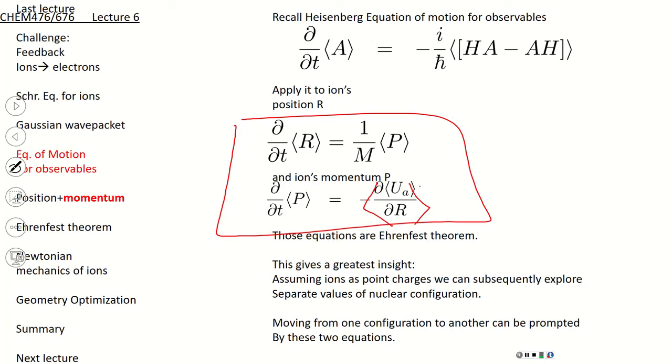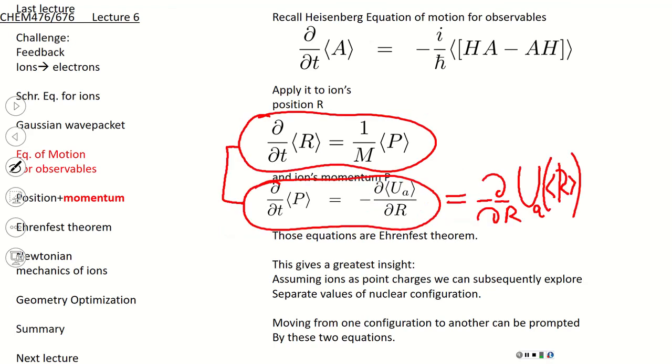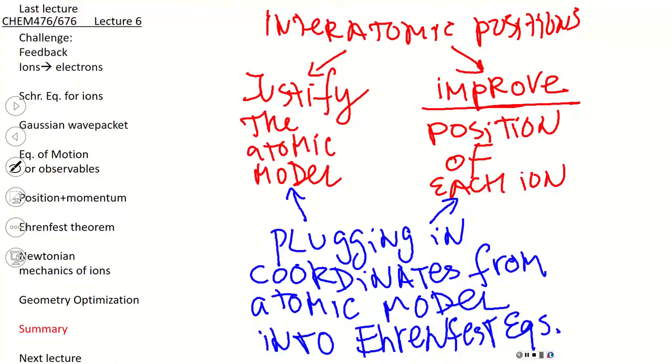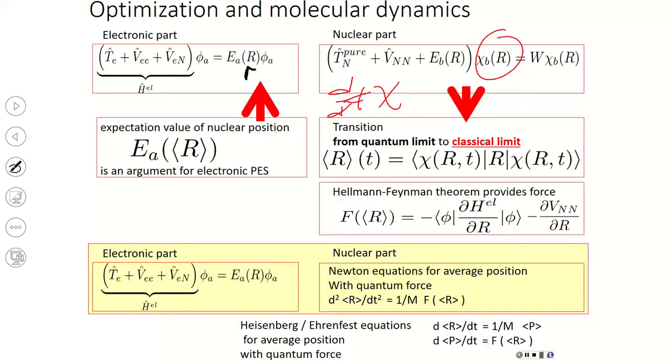But the first derivative of momentum can be replaced by force. And then you'll recover Newton's equation, right? So you propagate them simultaneously, going to the next time step, or you convert them into Newton's equation.